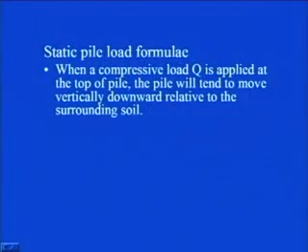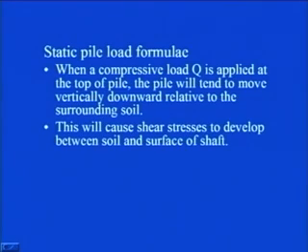So, in the case of pile also, let us say that you are applying a load Q from the top which is compressive in nature, the pile will have the tendency to move with respect to the surrounding soil. There will be relative movement between the pile shaft and the soil strata surrounding it.